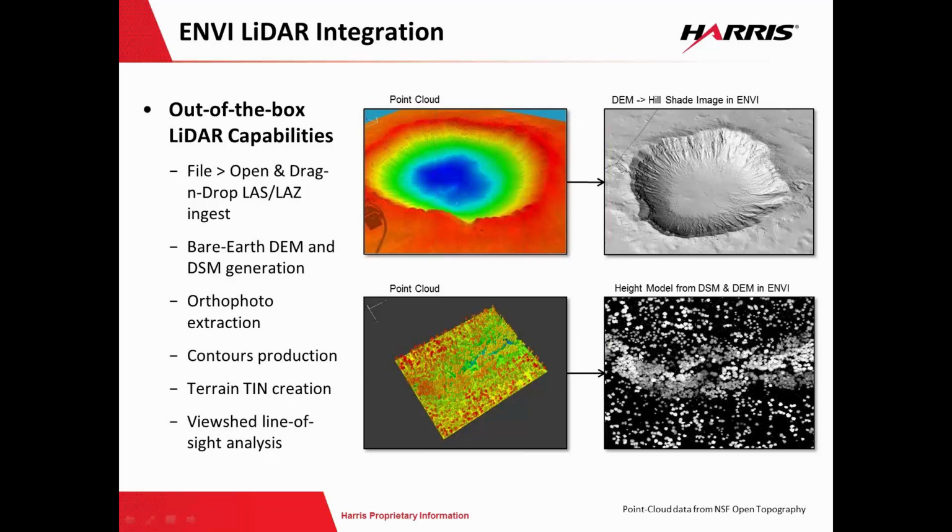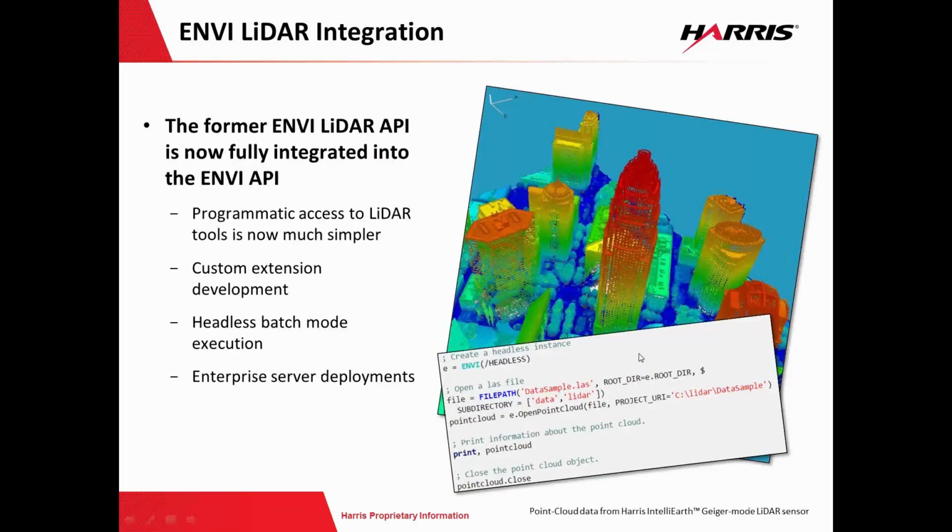So that's the out-of-the-box capabilities. We also have fully merged what was formerly the ENVI LiDAR API, which is now fully integrated into the ENVI API. Previously, this was a separate API. It was still built on IDL, just like the ENVI API is, but it was separate. You had to call it separately. It required a different license to access those routines that are specific to LiDAR.